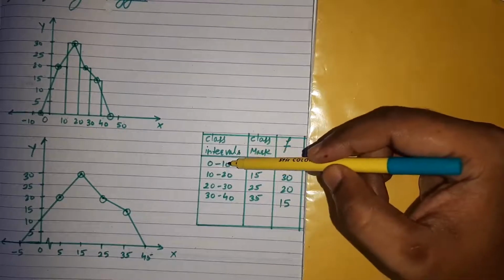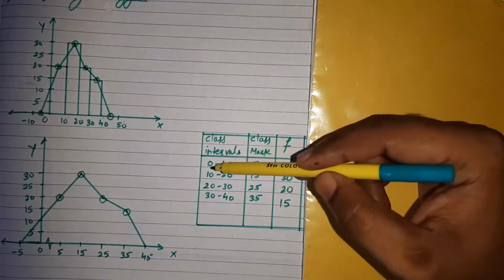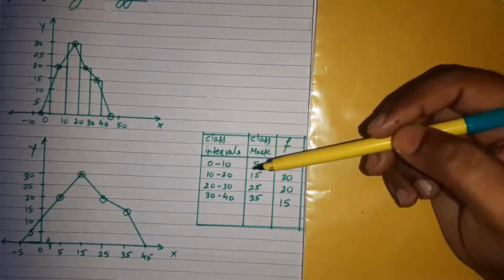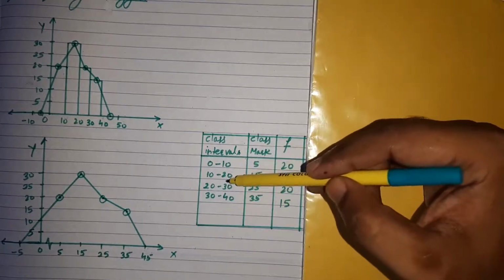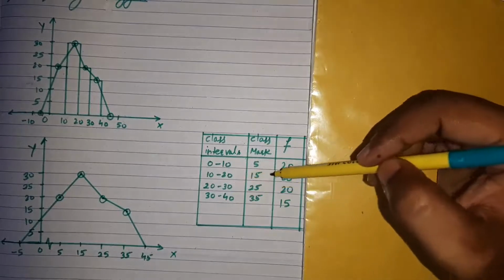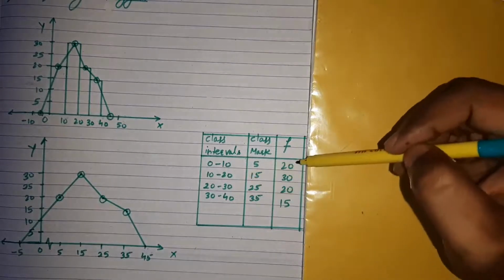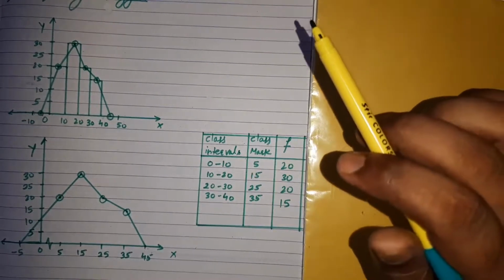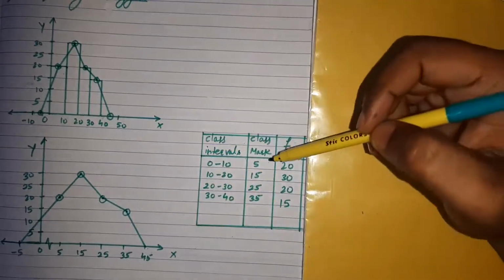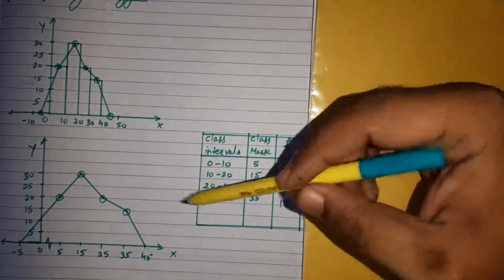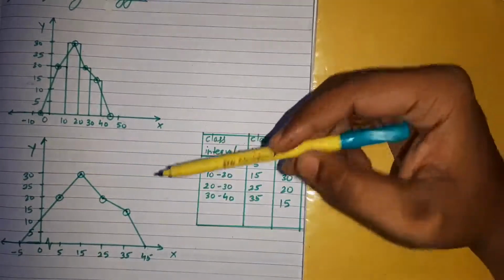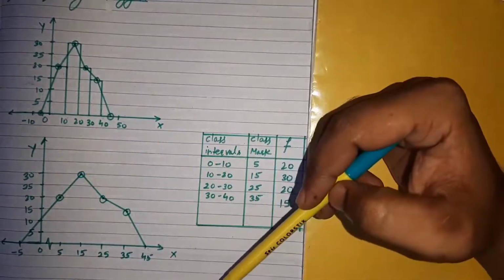Upper limit 10, lower limit 0, so 10 plus 0 is 10, divided by 2 it will be 5. Similarly we can find the class mark of the rest of the class intervals. So these are the class marks and the frequencies are given. Now we will plot the graph between class mark and frequency. Frequency we are taking on the y axis and class mark on the x axis.